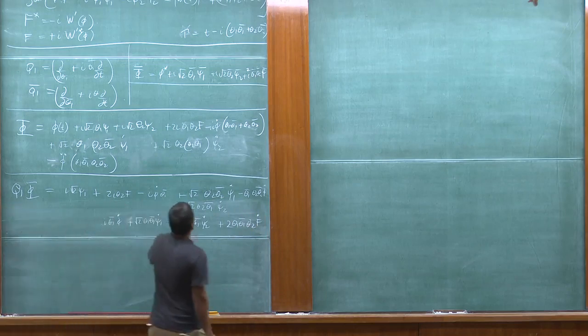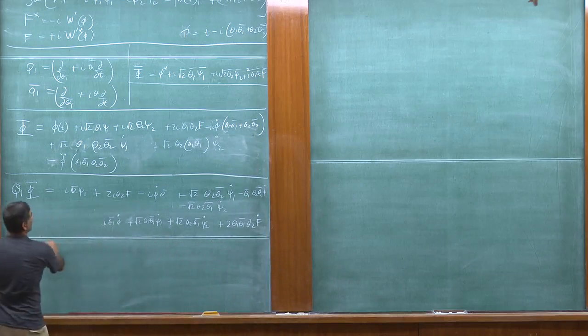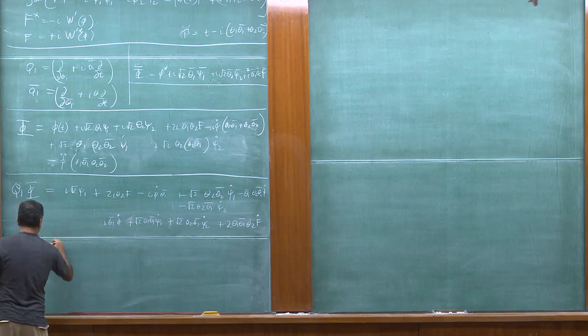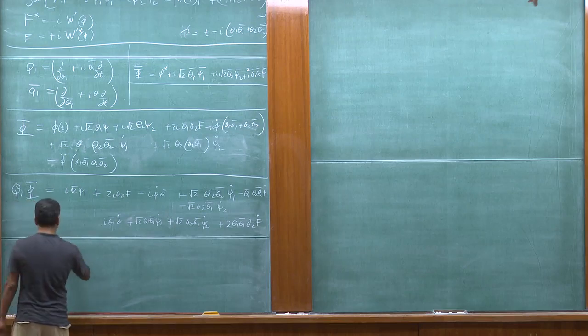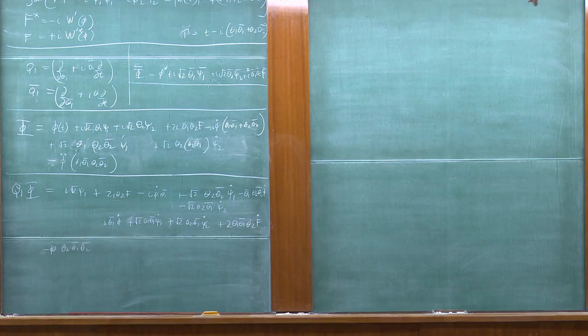Okay. Then we will get the term from here. Plus or minus phi dot theta 2 theta 1 bar theta 2 bar, and that's double dot now, right, because I take a second time derivative. Okay.